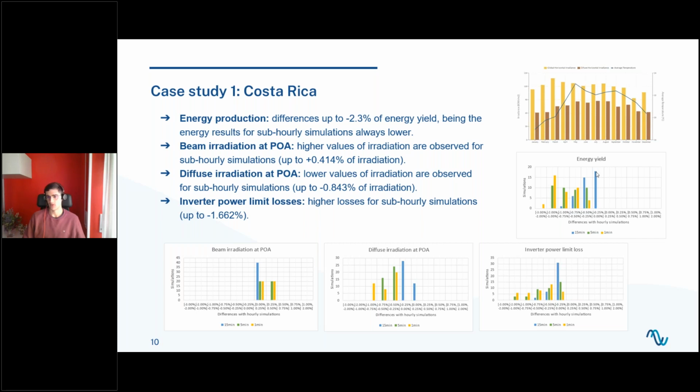And here, for example, it will mean that we have 18 simulations that were carried out with 15-minute meteorological data that had differences between 0% and -0.25%. And the same will apply for the rest of the bars.